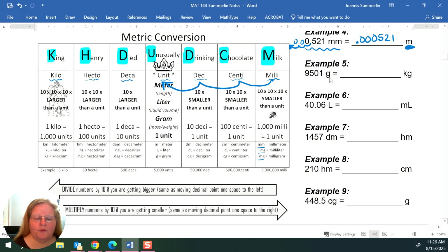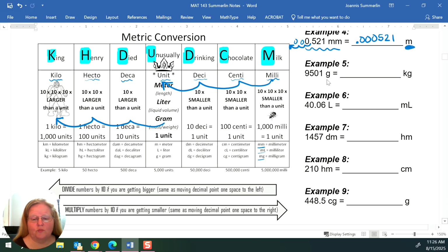For example number 5, we're starting in grams. So I'm going to start here, and I'm moving to kilograms, so I want to finish over here. I move to the left again, 1, 2, 3 places to the left in my chart. So I start where my decimal point is.